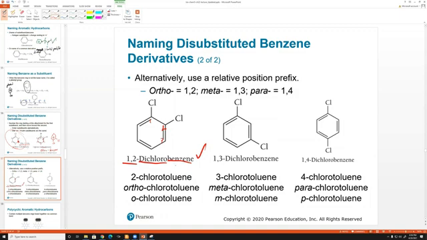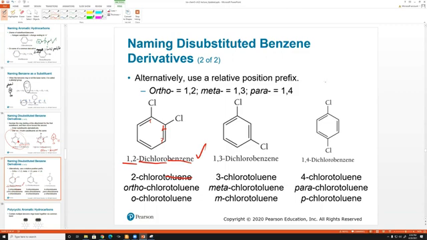No, it'd be benzene. Toluene's different. Hold on. No, it would be chlorobenzene.